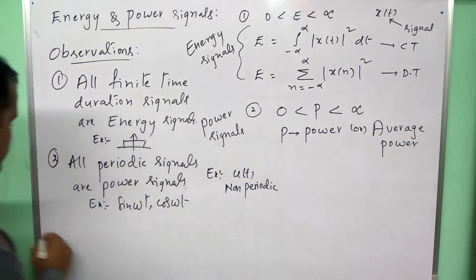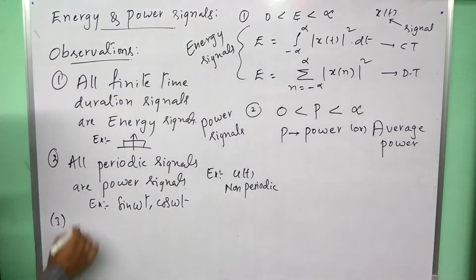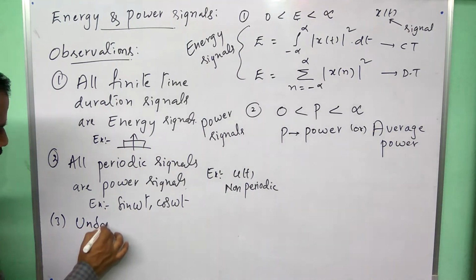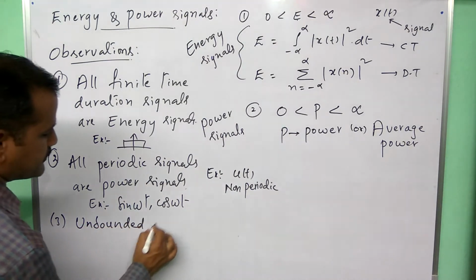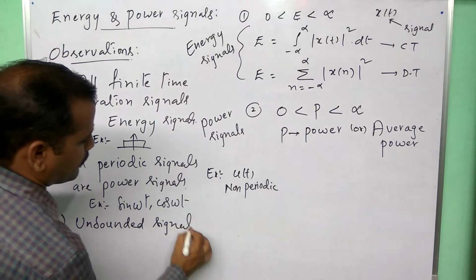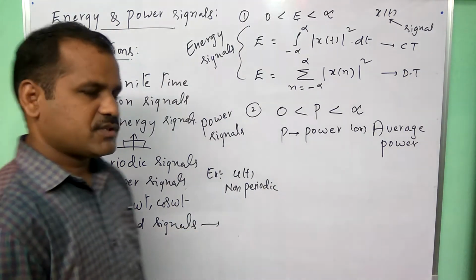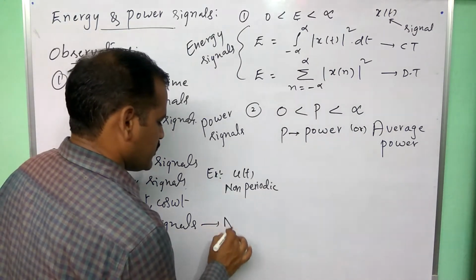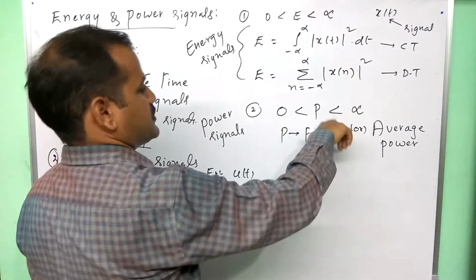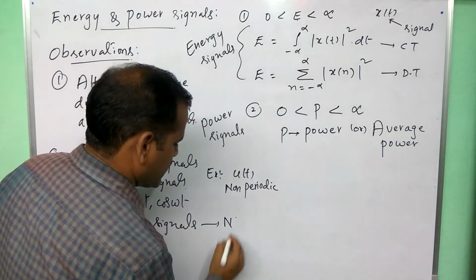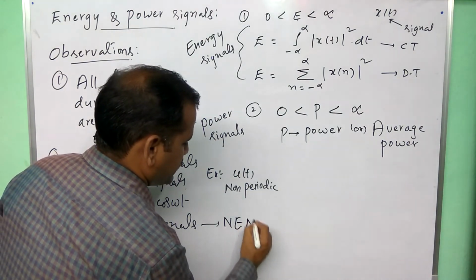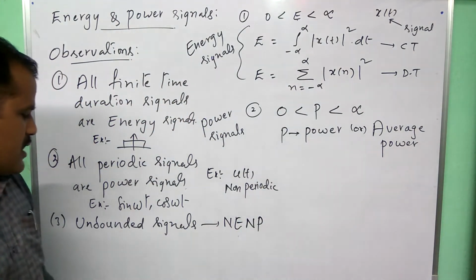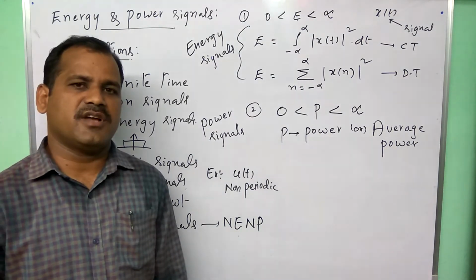Next, the third condition is unbounded signals. If we consider unbounded signals, they have energy infinity and power also infinity. That is why those signals do not satisfy these conditions, so they are considered neither energy nor power signals. You can observe that all unbounded signals are neither energy nor power signals.